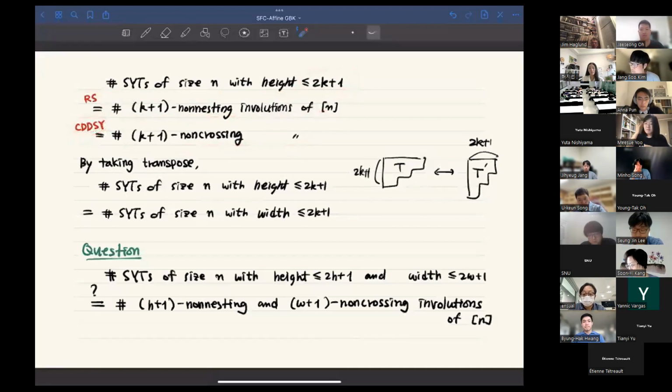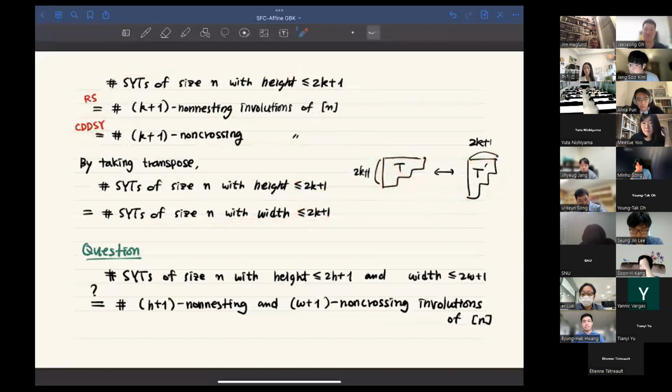And we also have a very simple symmetry about standard Young tableau, namely if you take the transpose of the tableau, which means that you reflect the tableau about this diagonal line, then you get another standard Young tableau. And of course, the rows now become columns. So standard Young tableau with bounded height equals standard Young tableau with the same bounded width.